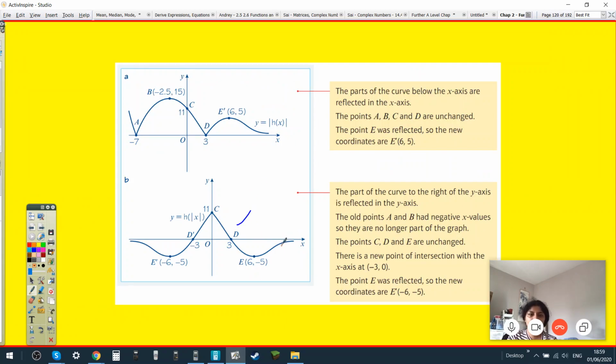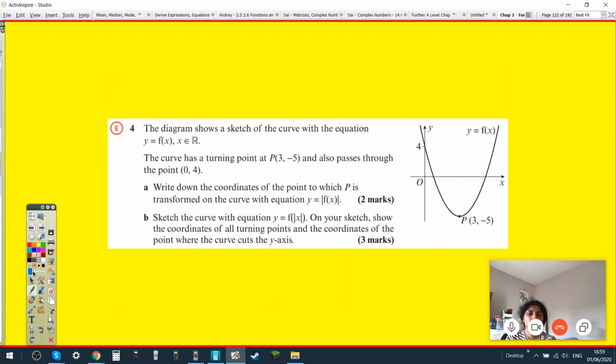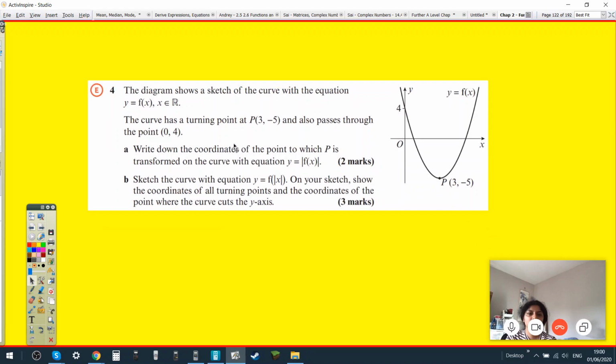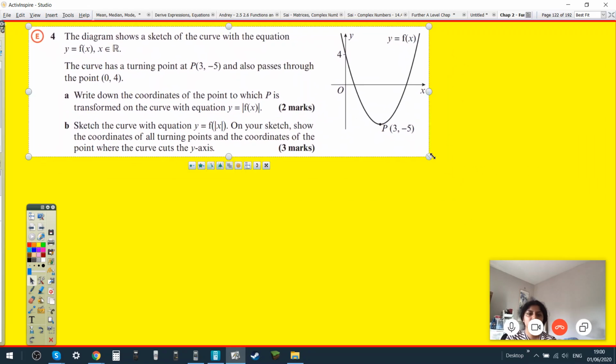So when you sub in 6, the y is minus 5. When you sub in minus 6, the modulus of minus 6 is positive 6, and so you'll get minus 5 again. Great. Any questions there? Nope. So there's a million exam questions that are similar to that. Okay, let's do part A.